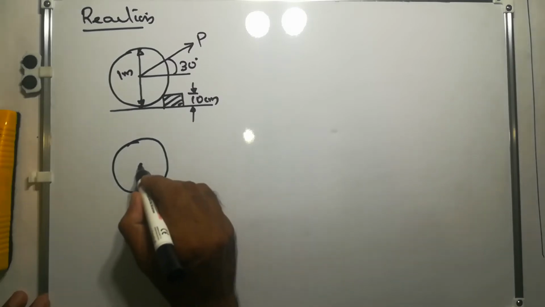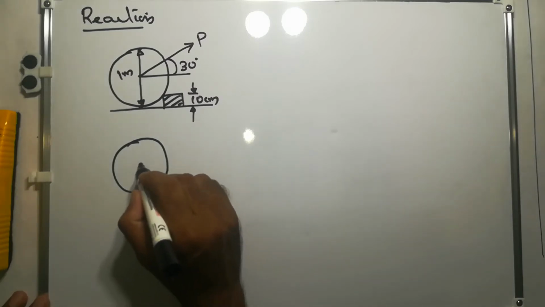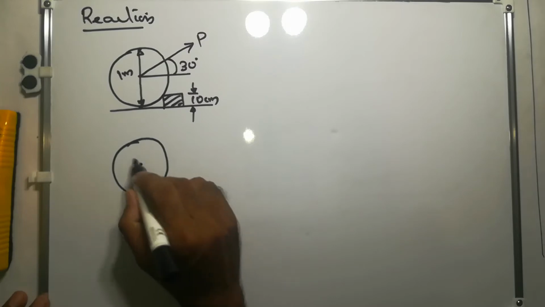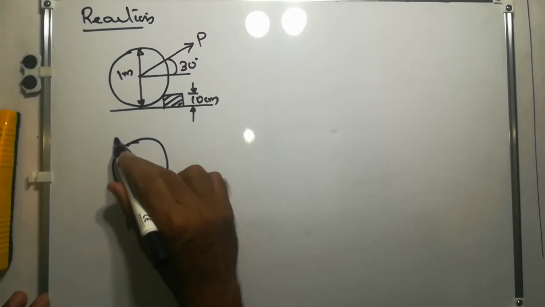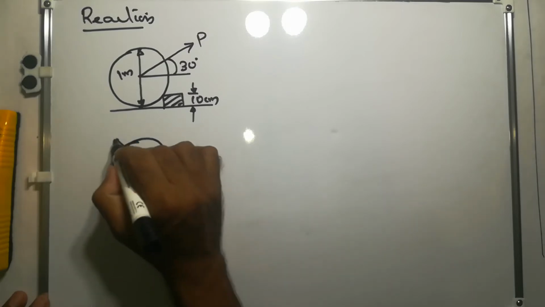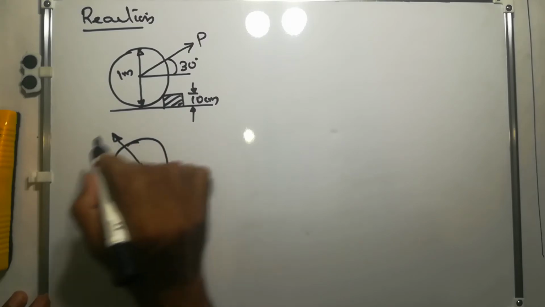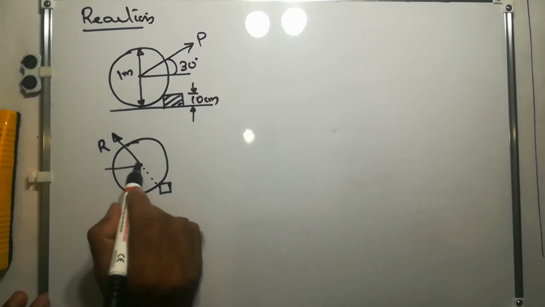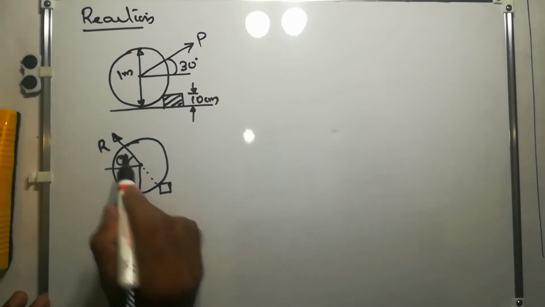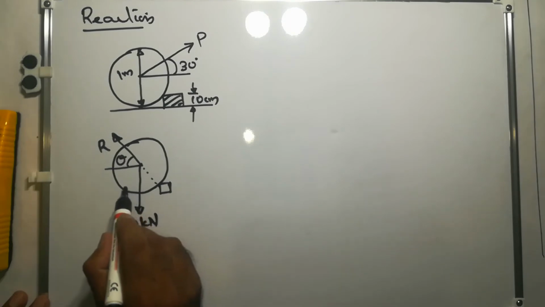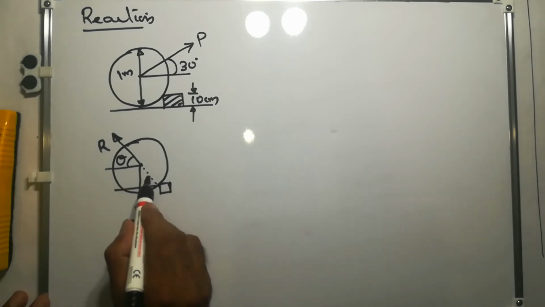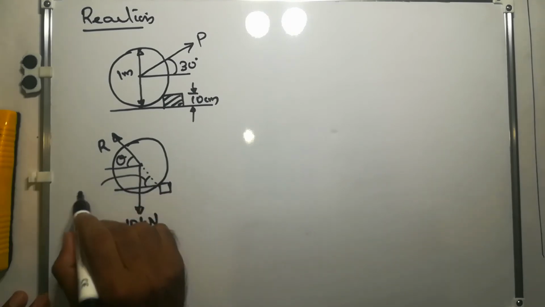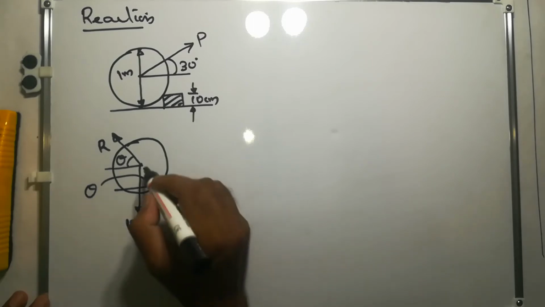So the reaction from the obstacle will be acting like this. This is the line of action, so this is the reaction R. Let this be angle theta. So here also this angle is also theta.